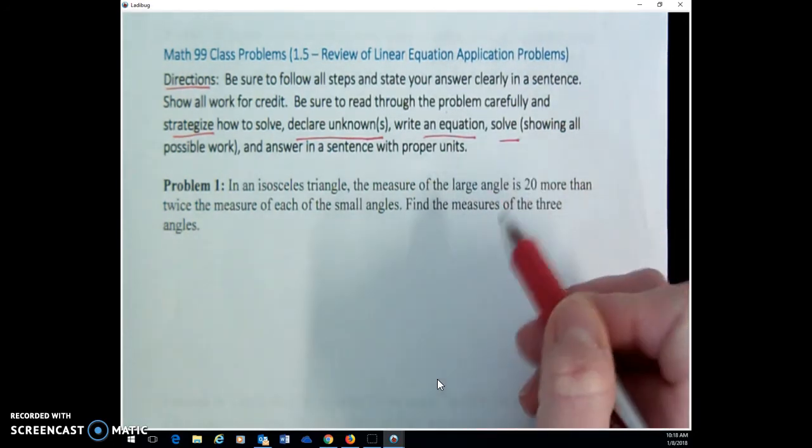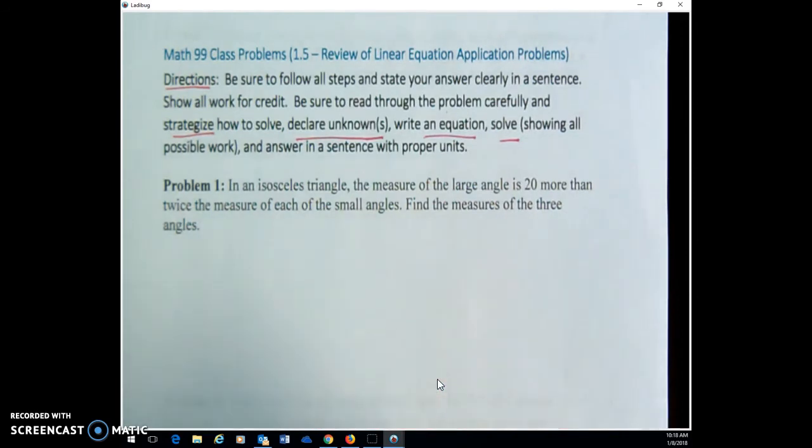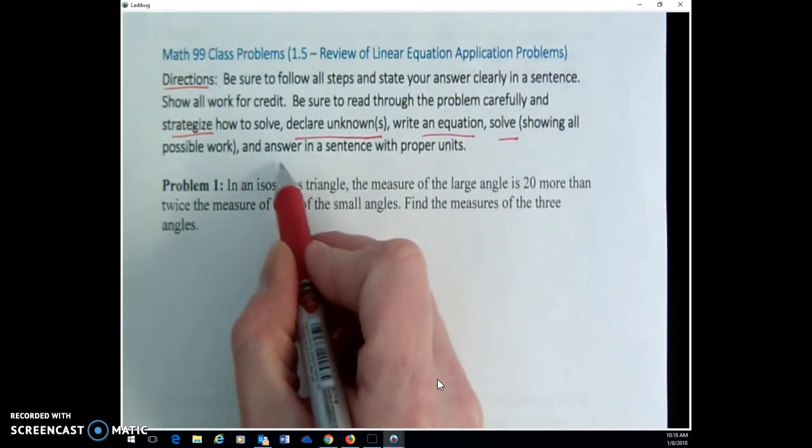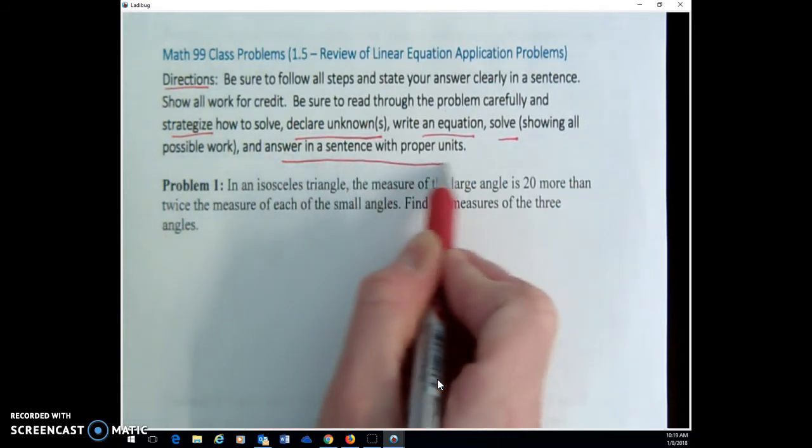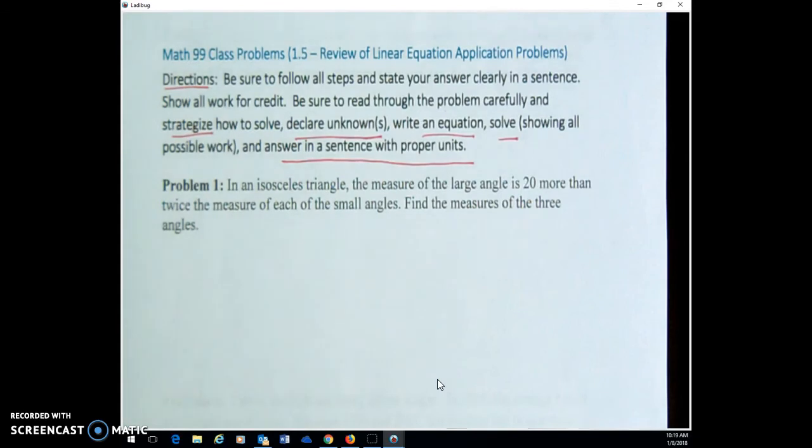Make sure you show all your steps. You can streamline. You don't have to be showing every iota of algebra, but you're going to show at least some steps, in case you need partial credit on a test. And then answer in a sentence with proper units. For this first one, it's about angles, so you're going to want to write about degrees.